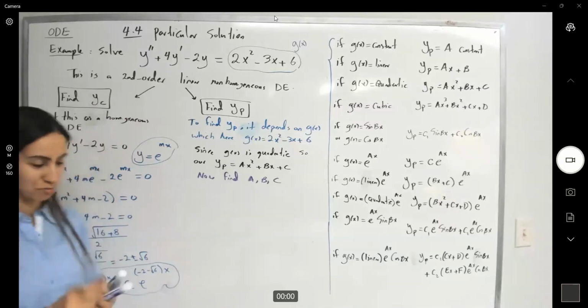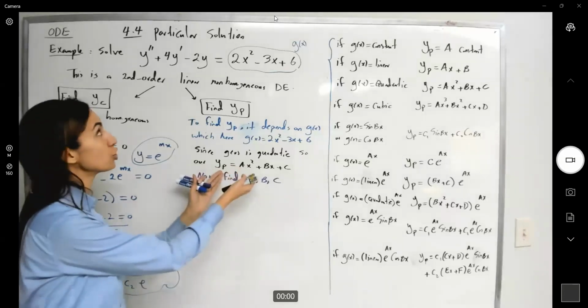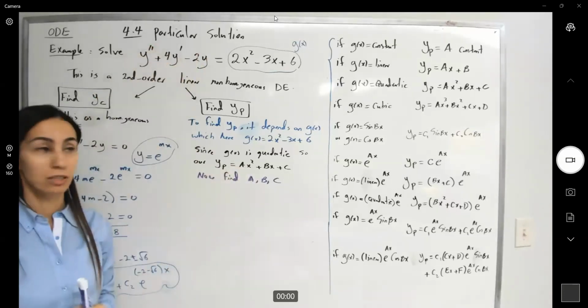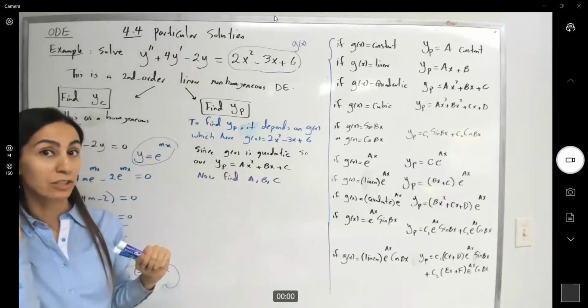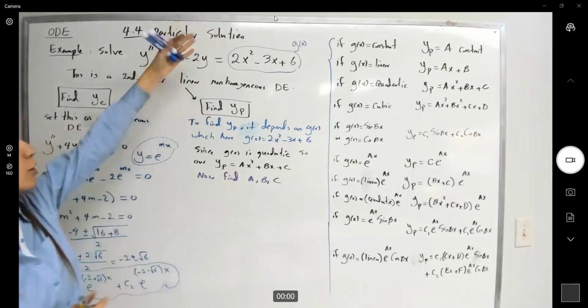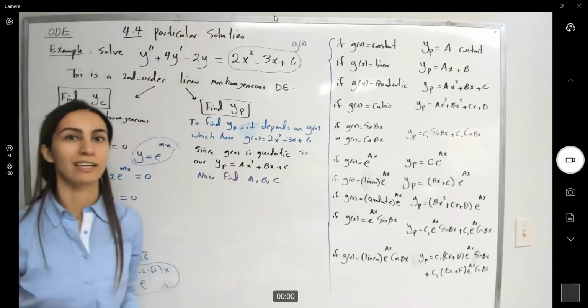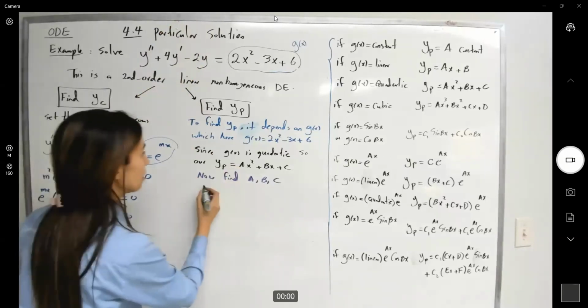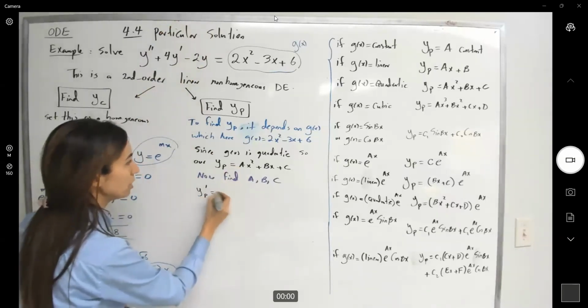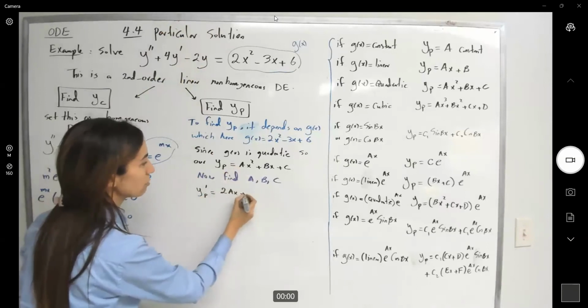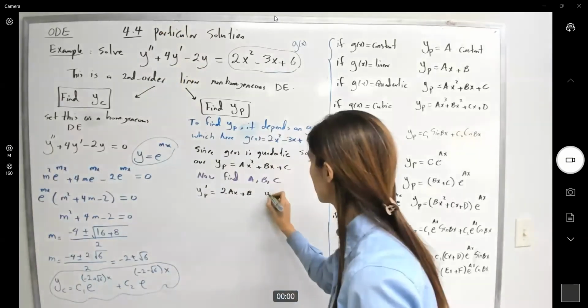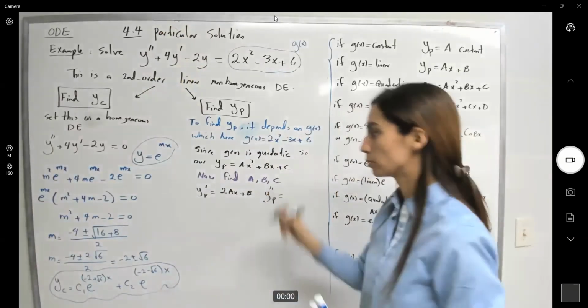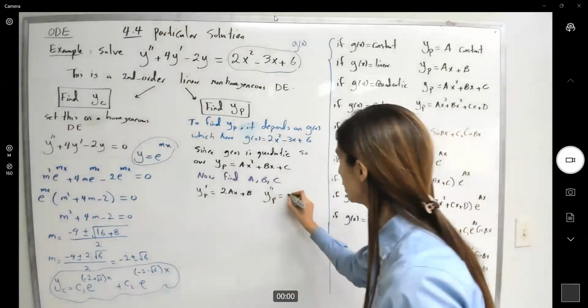But how? Well, this is a solution for the differential equation. It means that if I find the first derivative and second derivative and look at my original differential equation, I can solve it. y p prime is 2ax plus b. The second derivative of this possible particular solution is 2a.